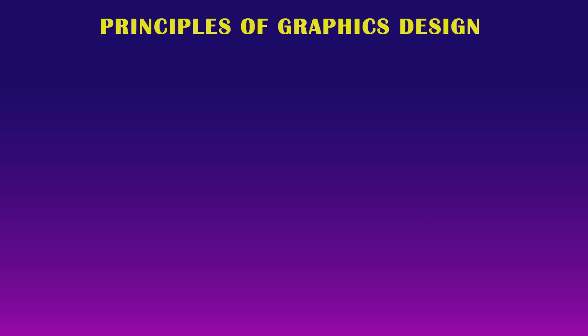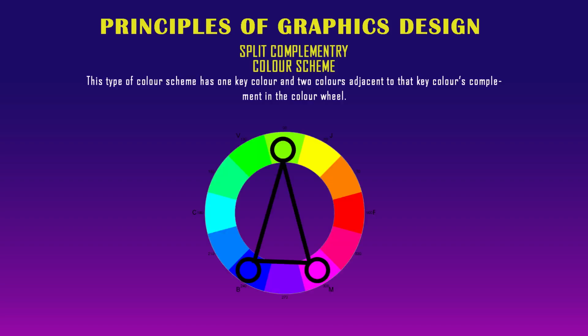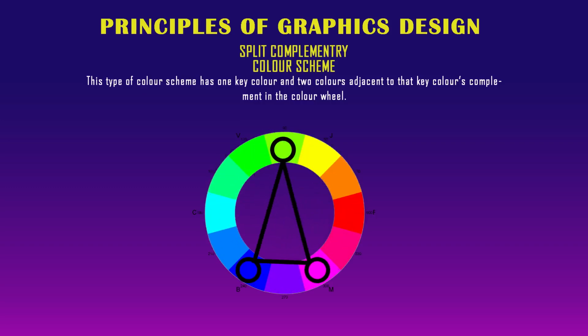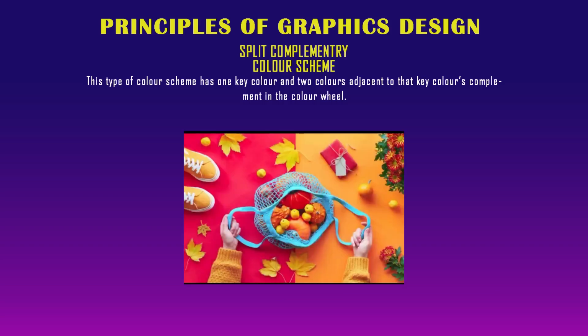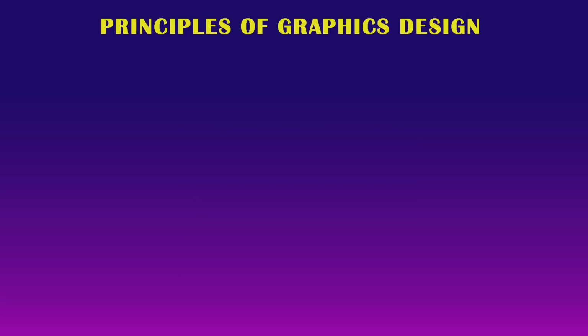The third one, split complementary color scheme. This type of color scheme has one key color and two colors adjacent to that key color's complement in the color wheel. They create approachable and intuitive designs and work exceptionally well with artwork. The fourth one, analogous color scheme.